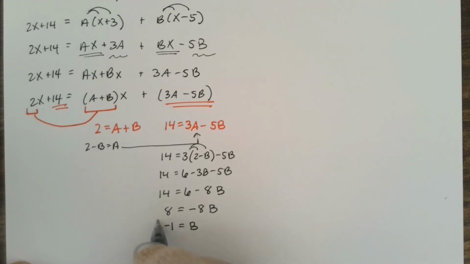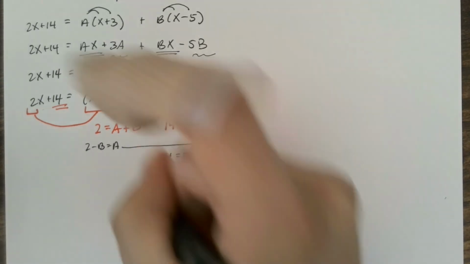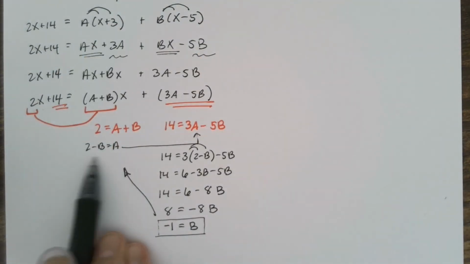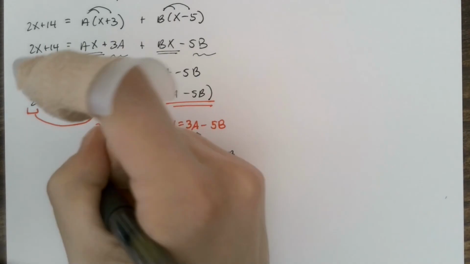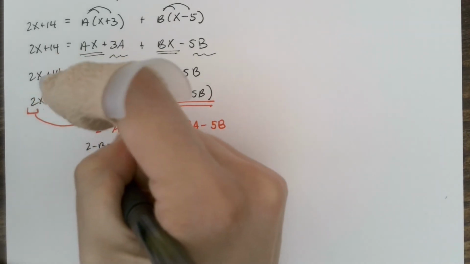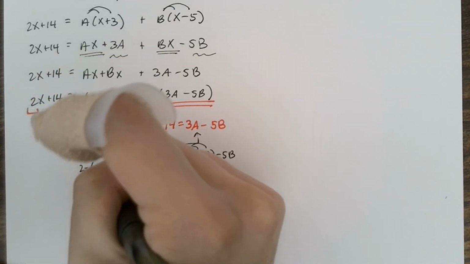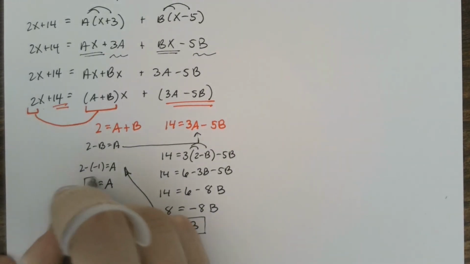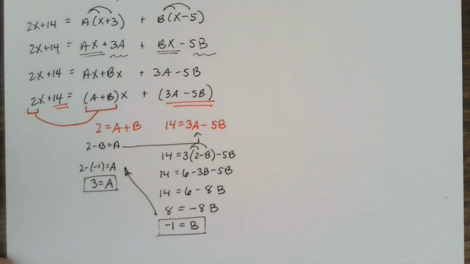I have that b must be negative 1. And now all I have to do is send it back over here and plug in negative 1 for b, and I can get a. So 2 minus negative 1 is a, so a must be 3. That was fun. Okay, so we're not done, we're just done with the partial fractions.